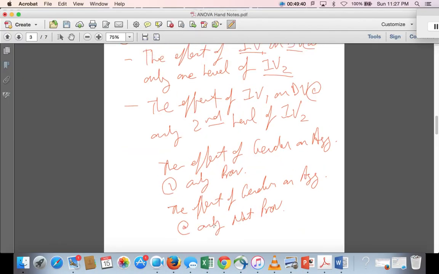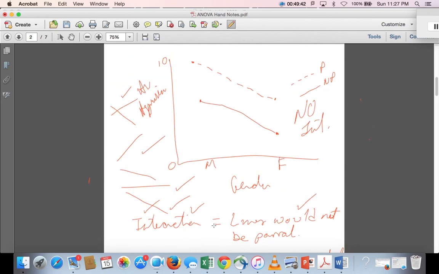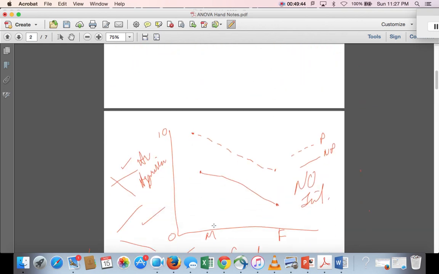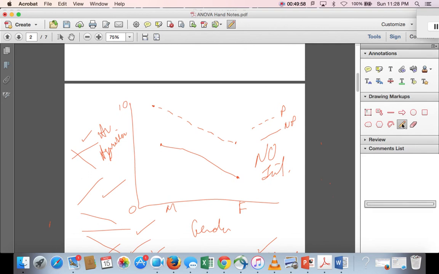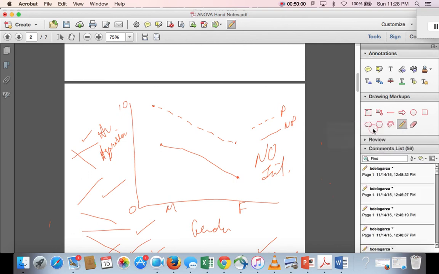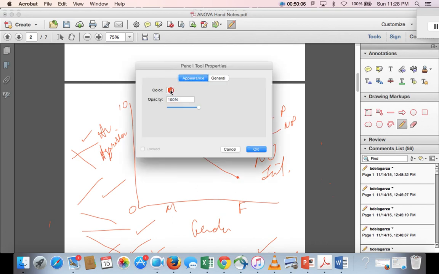Now, if I want to identify simple effects, how can I do that using my graphical representation? Using your graphical representation, it's actually quite easy to identify simple effects. And here very quickly, let me just change colors of my pen, so that you guys can notice the differences a little bit more clearly.